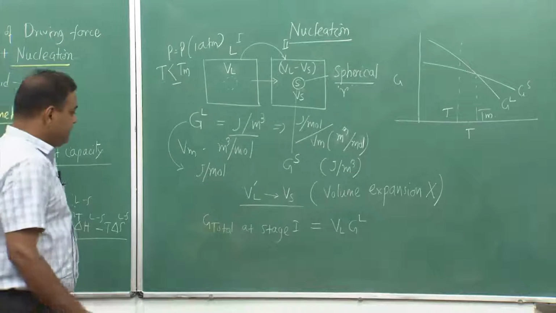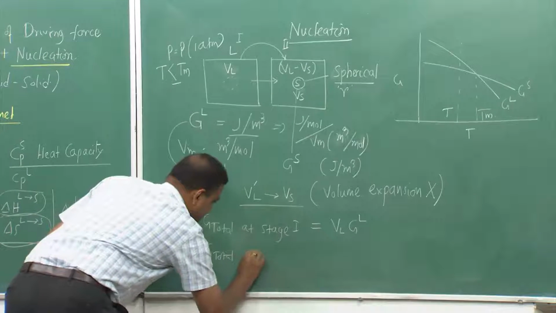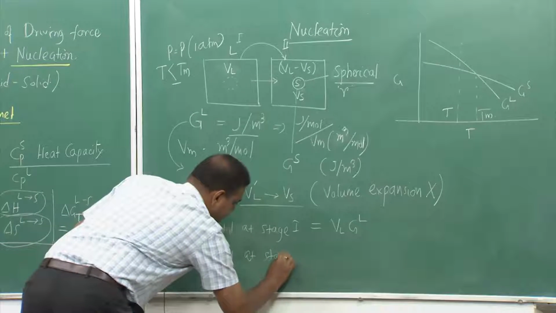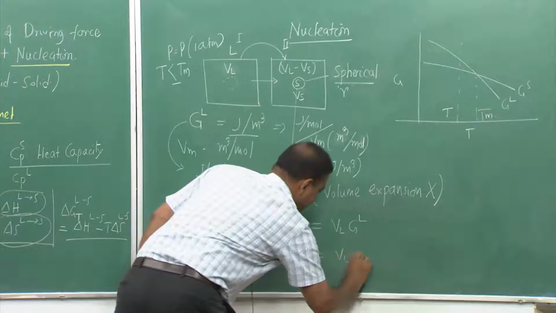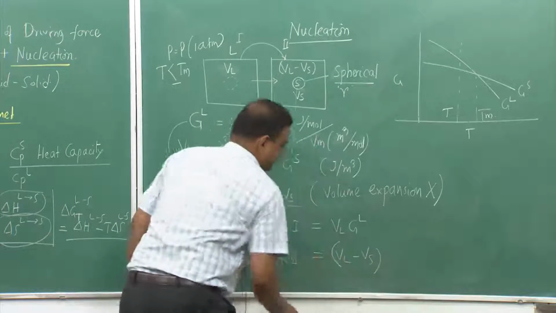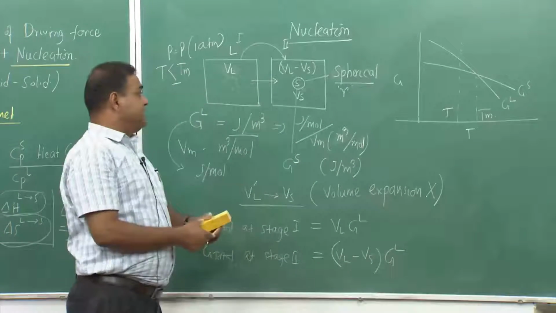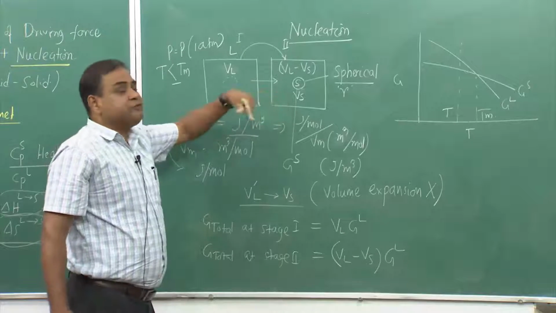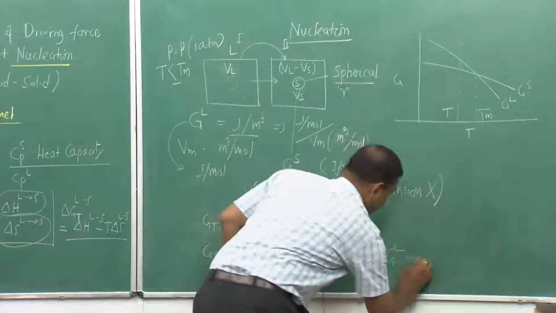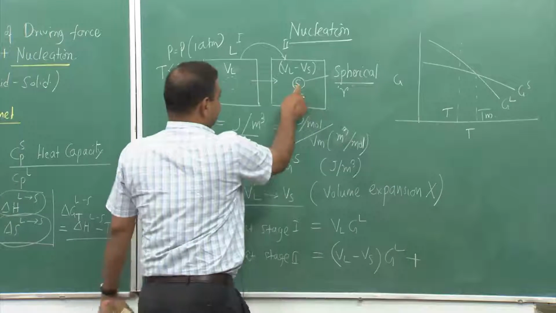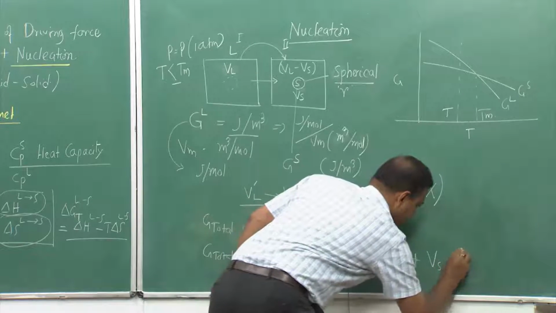Similarly, G total at stage 2 equals (VL minus VS) GL, because this is the volume of liquid that is remaining to convert to solid, plus VS into GS.